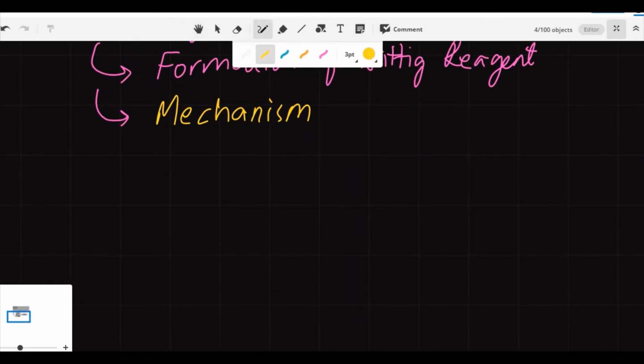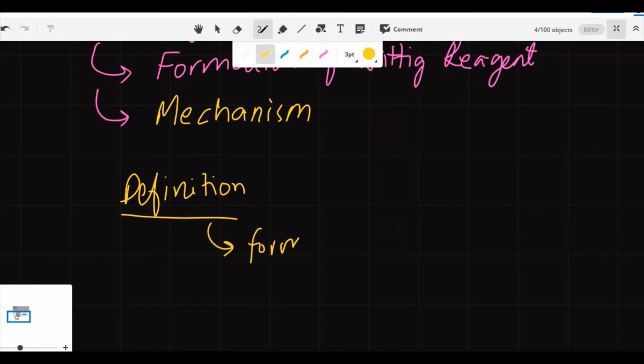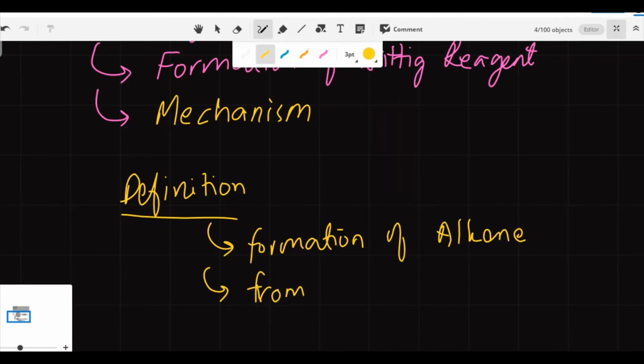So according to the definition, there is the formation of alkene, for preparing the alkenes from aldehyde or ketone, by the use of Wittig reagent.